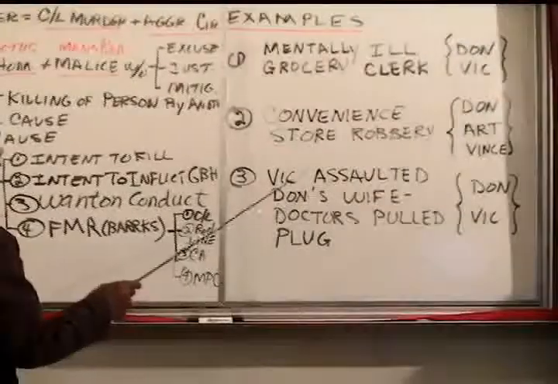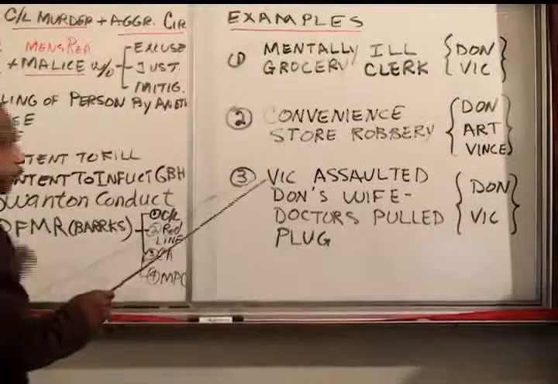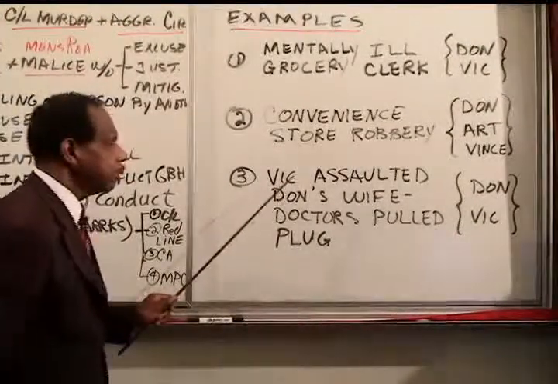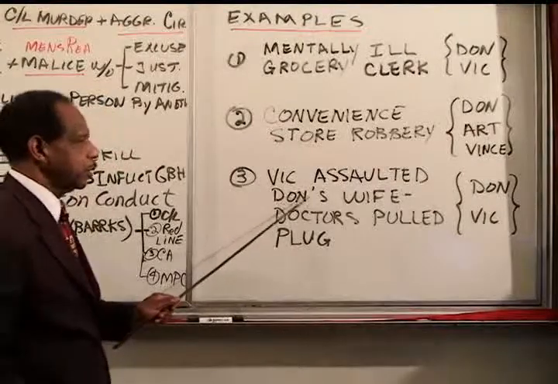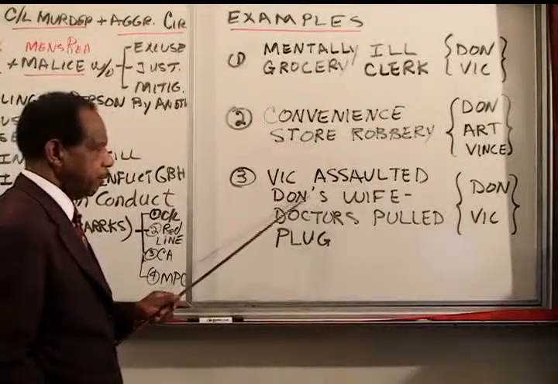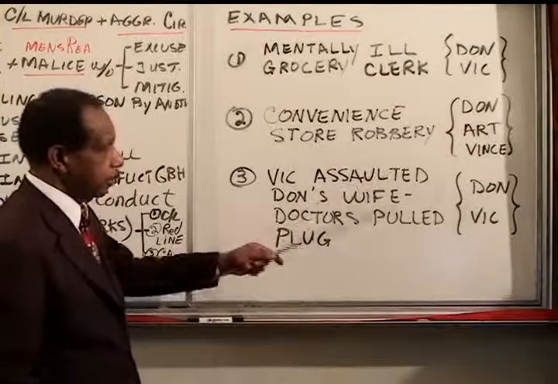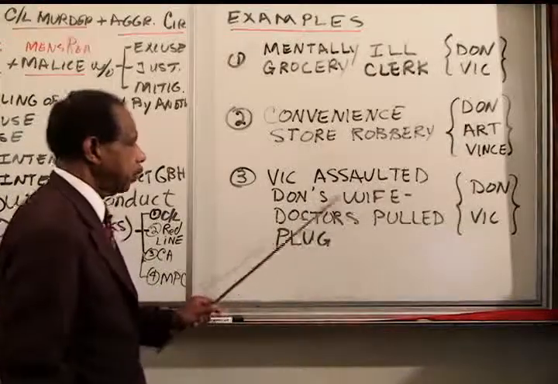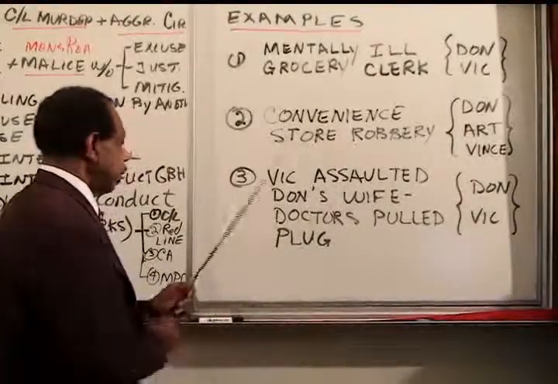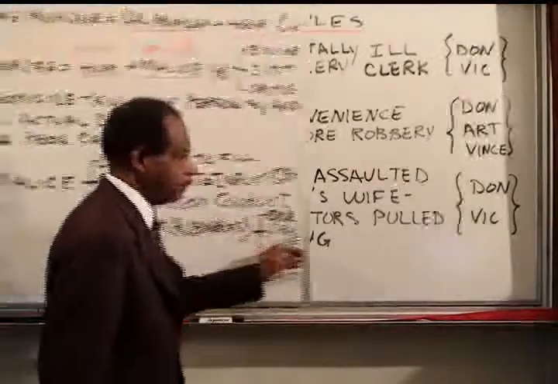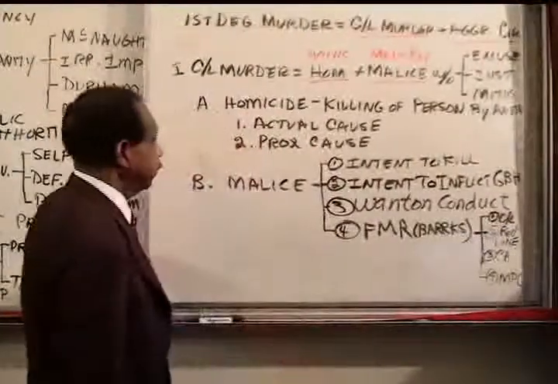Then our final example: Vic assaulted Don's wife, and Don killed Vic. Don killed Vic after Don caught up with Vic for assaulting his wife 3 months earlier.